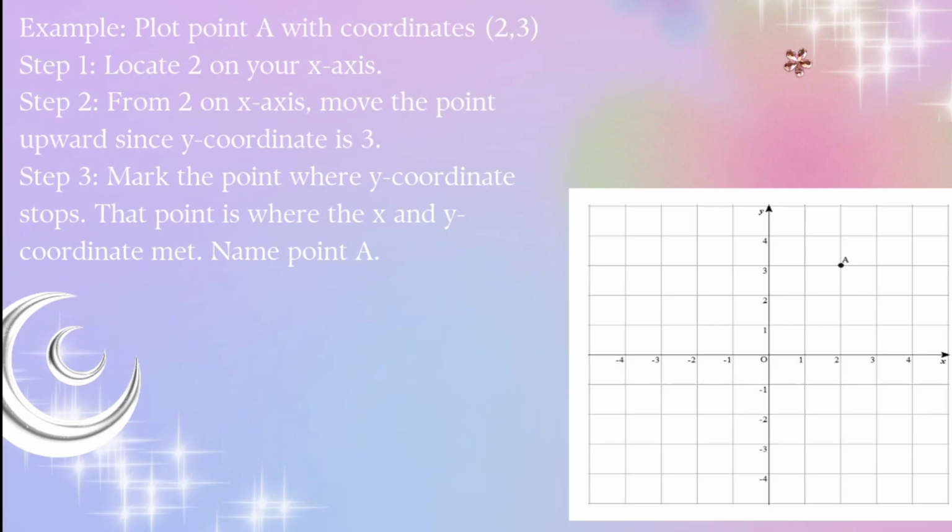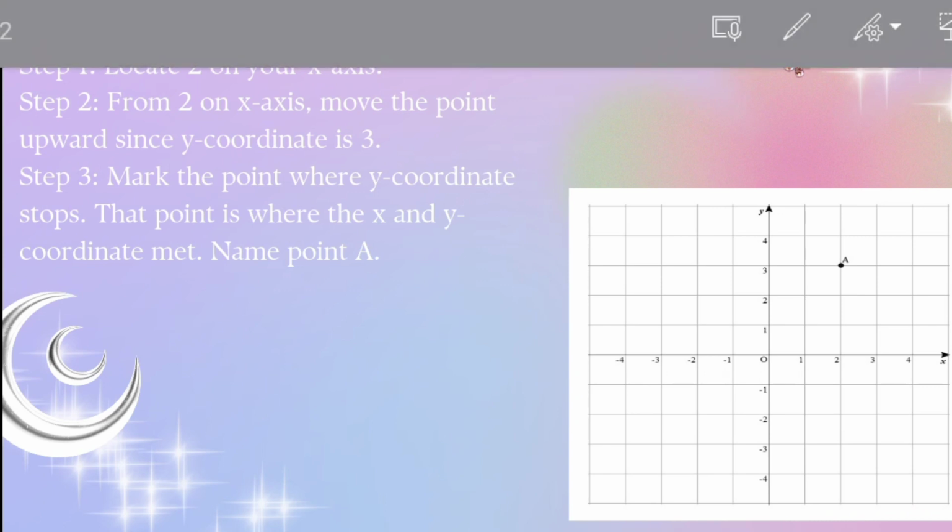So here we have an example on how to plot a point. Plot point A with coordinates 2 and 3. First step, we locate 2 on our x-axis. As we all know, ang atong x-axis is mao ni siya, and then ang atong y-axis is kani.